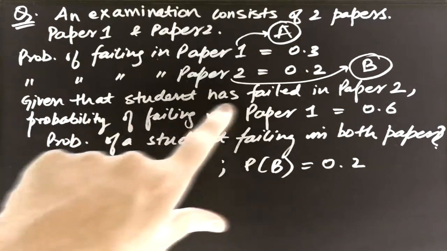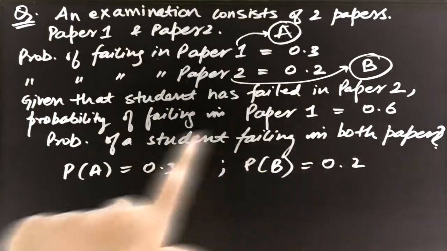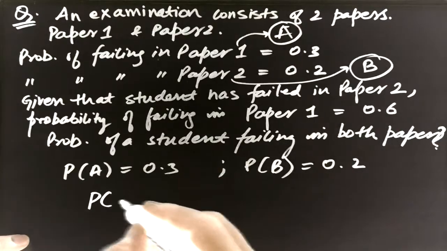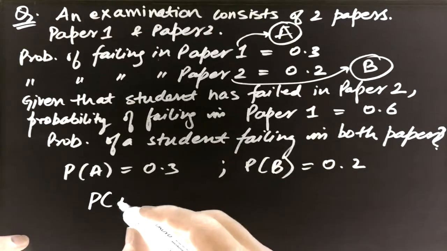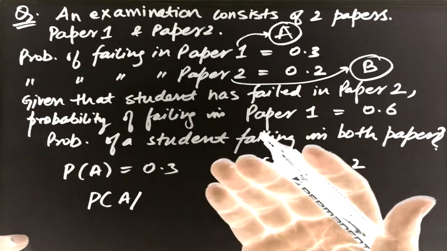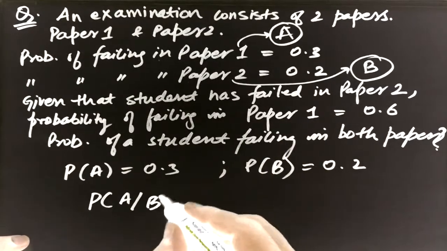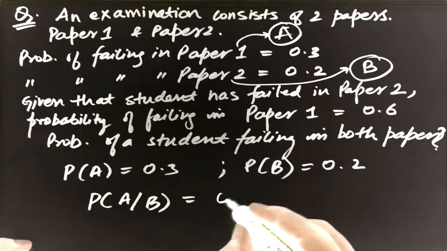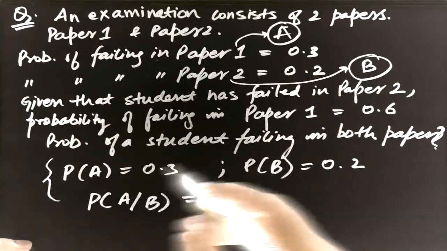And given that the student has failed in paper 2, the probability of failing paper 1 is this: the probability of failing in paper 1 when he has already failed in paper 2. This is a conditional probability, equal to 0.6.